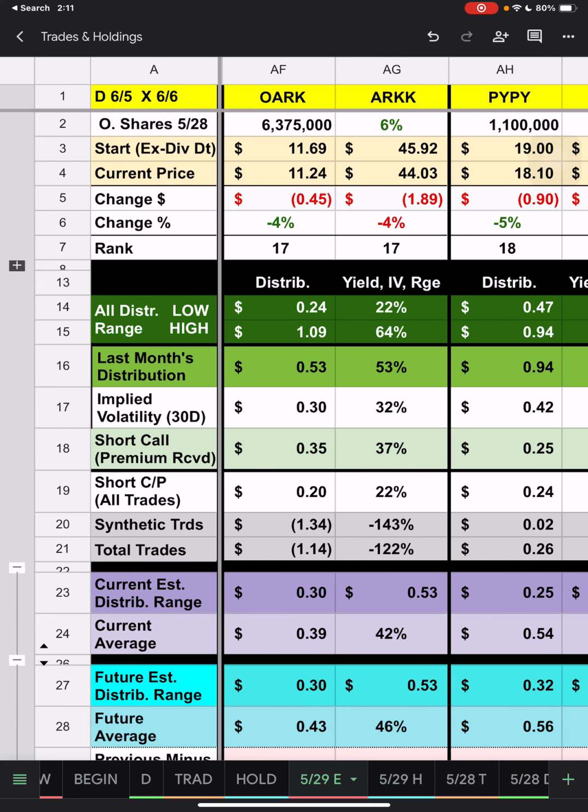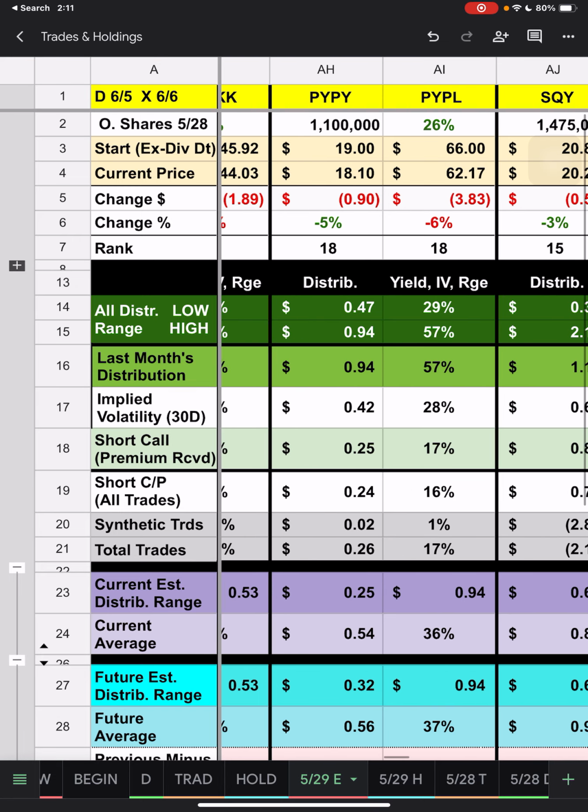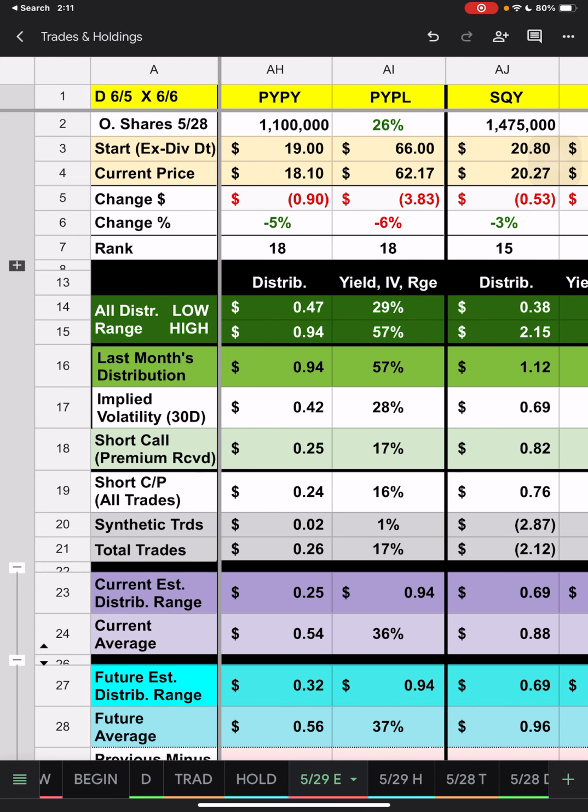We'll see. So ARC here we have 30 to 53 with a 43 average. Yesterday we had 29 to 53 with a 44 average. PayPay we have 32 to 94 with the 56 average. Yesterday we had 36 to 94 with a 57 average.